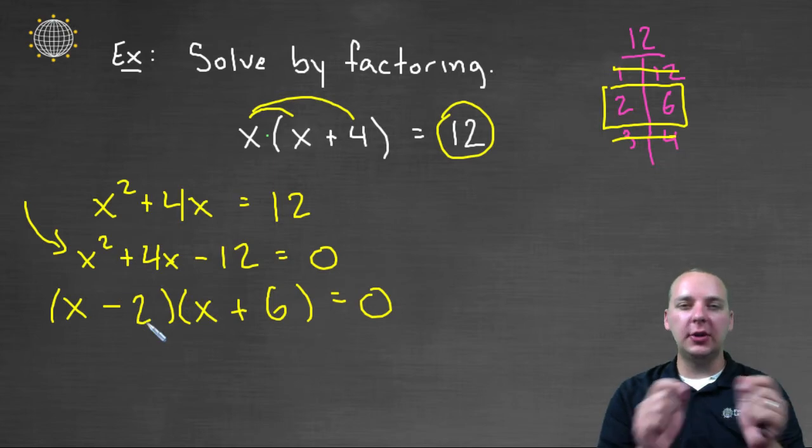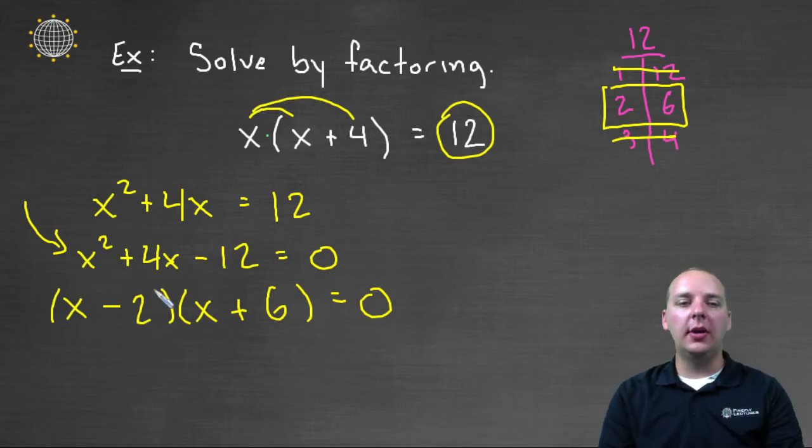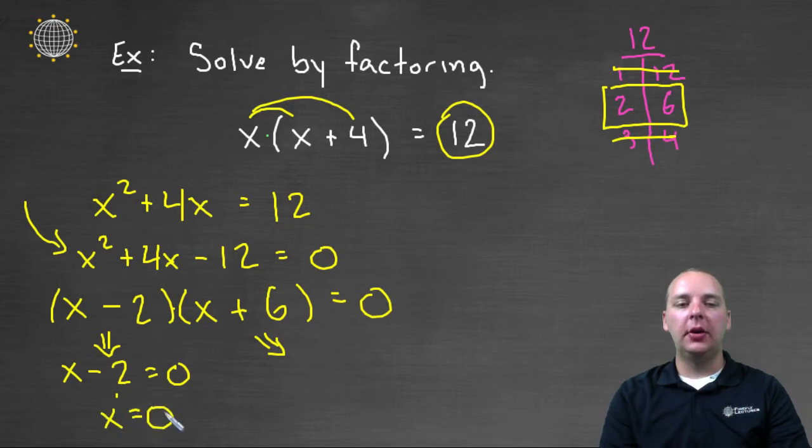You basically just try to think about what two binomials would FOIL to give you your quadratic. So anyway, once we have a product equal to 0, we'll take each of these individual factors and set them equal to 0. If x minus 2 equals 0, if you add 2 to the right-hand side, you get your solution of x equals 2.